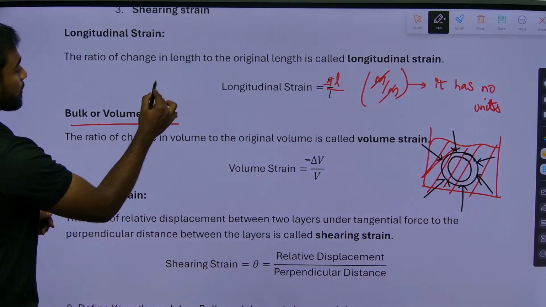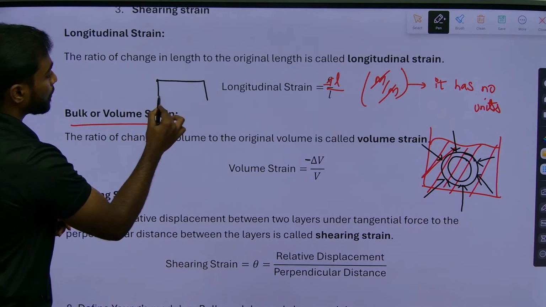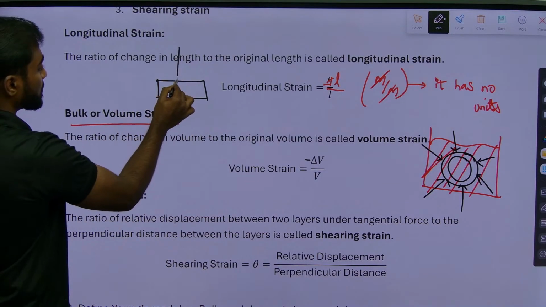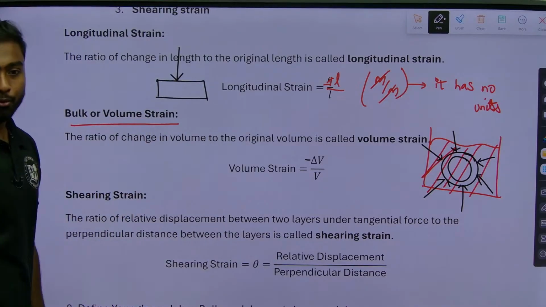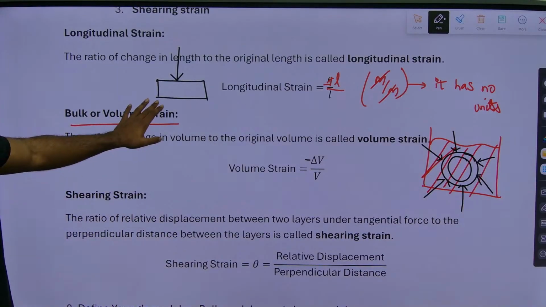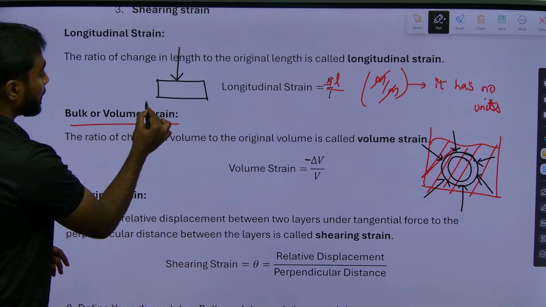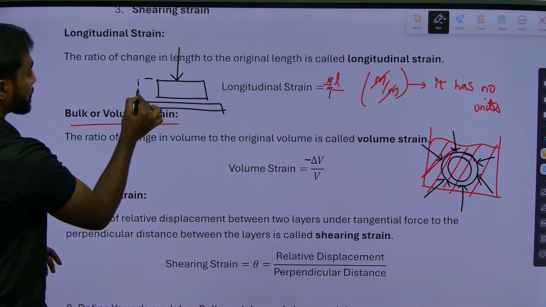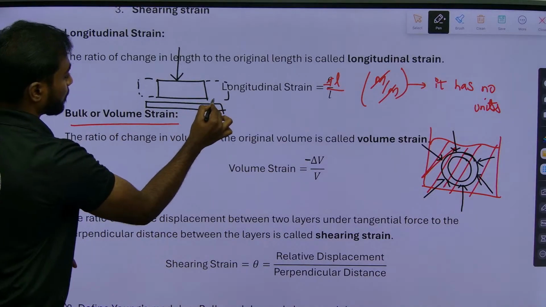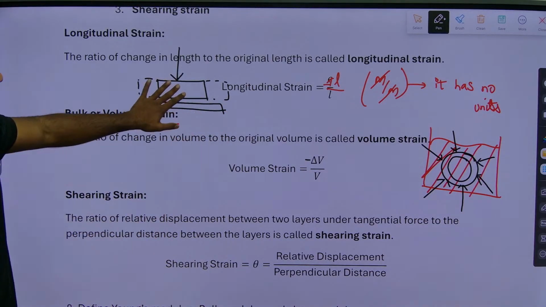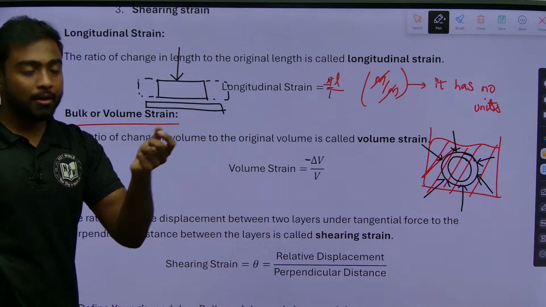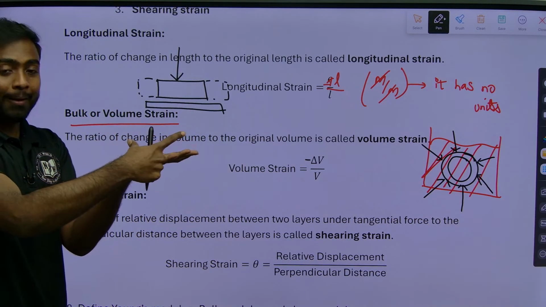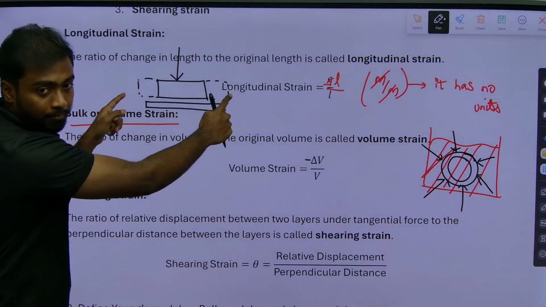What happens here is, when we talk about a body, there is an object and I am applying a force on this object. When I apply a force on this object, it will extend in both directions. Suppose you are having clay, you know the clay. You are applying a force on the clay, it will expand like this in both directions.